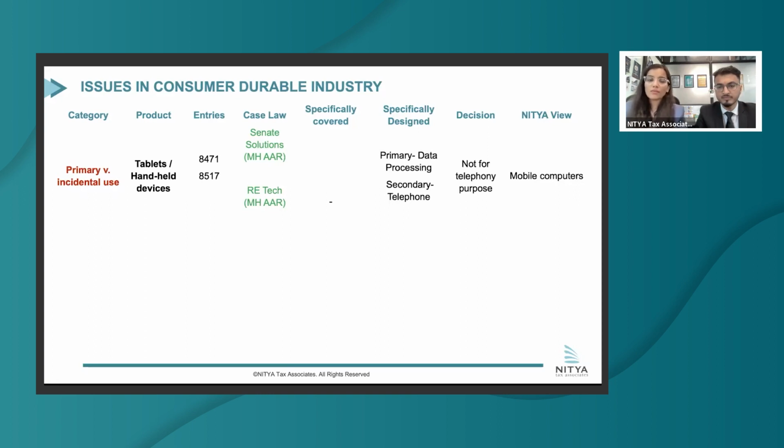And when we classify products for our clients on a day-to-day basis, we realize that it's not always the case that everything would be mentioned in the HSN, such as that it should have this many ports. Because of technology advancement, you have to read many things and understand many things in an updated manner.